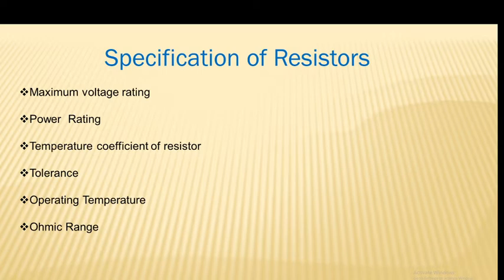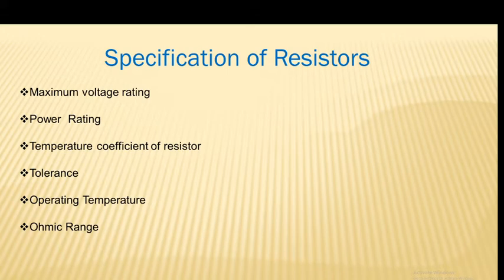Second specification, power rating. Power rating is the wattage of the resistor and is defined as the product of voltage and current flowing through the resistor. Whenever current flows through the resistor, heat is generated in the resistor. Thus, the resistor has a maximum dissipation rating set by the manufacturer, above which resistor will be burned out.